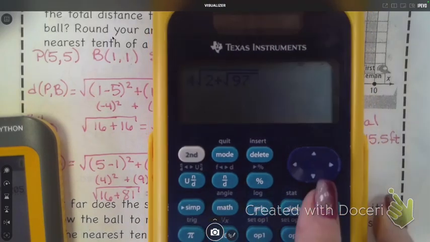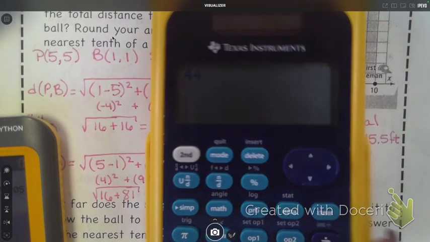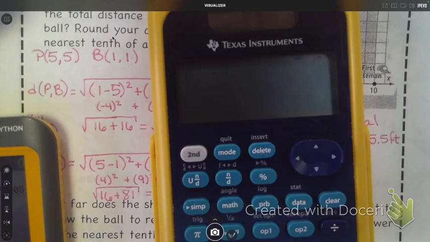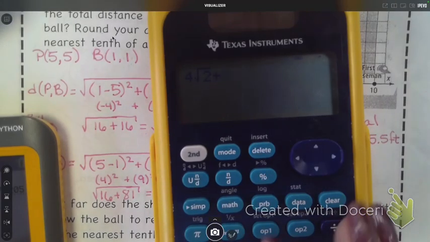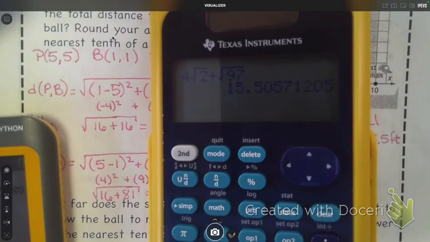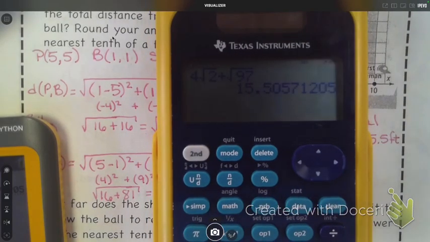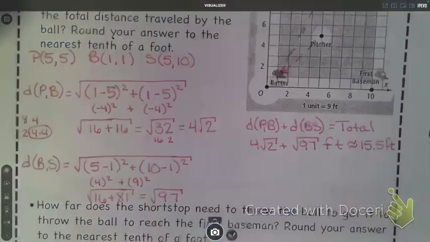No. So I have to do 4 square root of 2, arrow out, plus the square root of 97. And I better get 15.5 again. In here, I don't care if you use either one of these yellow ones. I would just go ahead and use this one if you're in here, because you learn how to use it sooner.